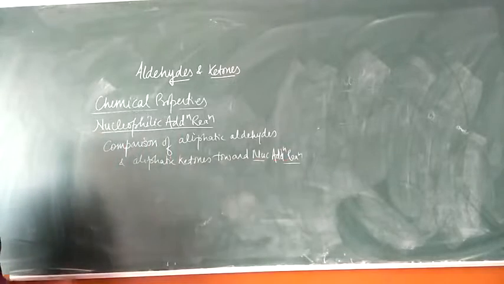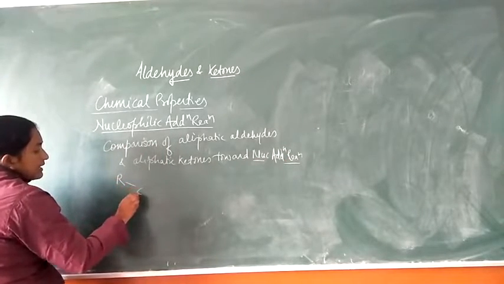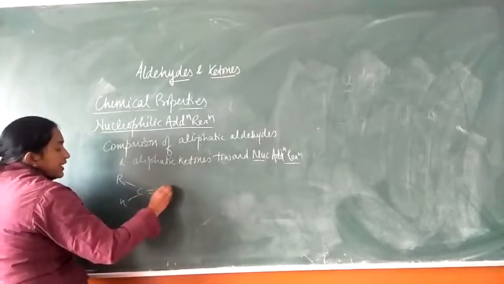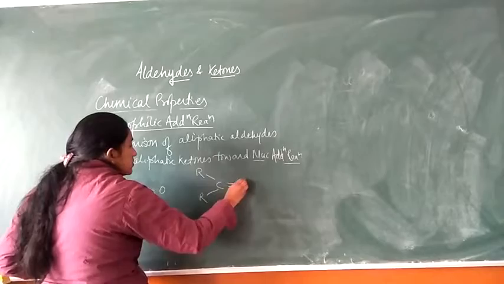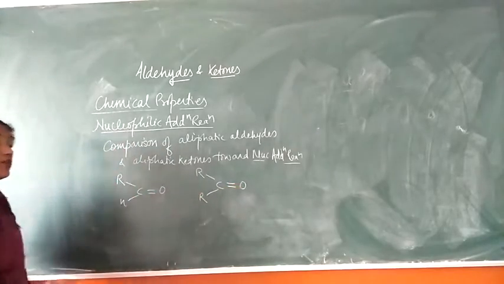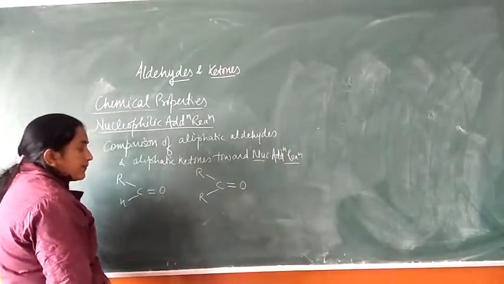Right? So if you compare, let us take this example RCHO. This is an aldehyde, aliphatic aldehyde, and this is aliphatic ketone here. So among these two, which one will be more susceptible to the nucleophilic addition reaction?